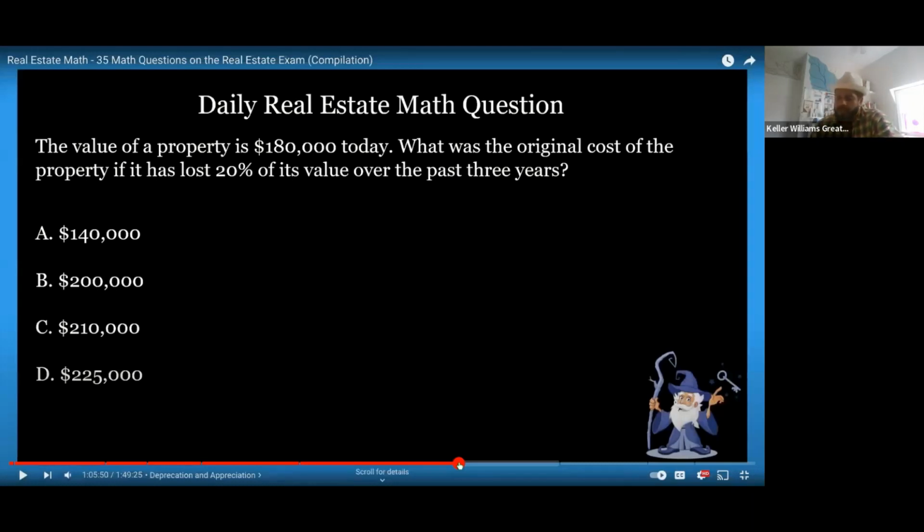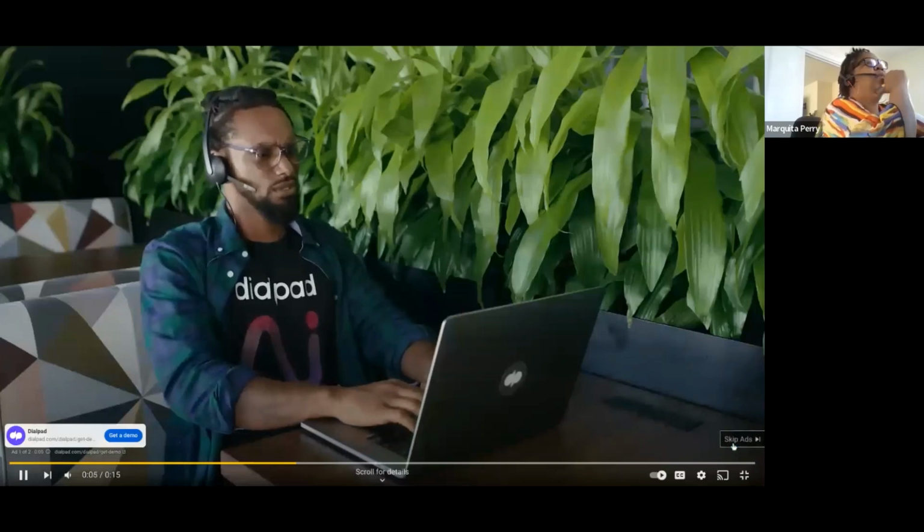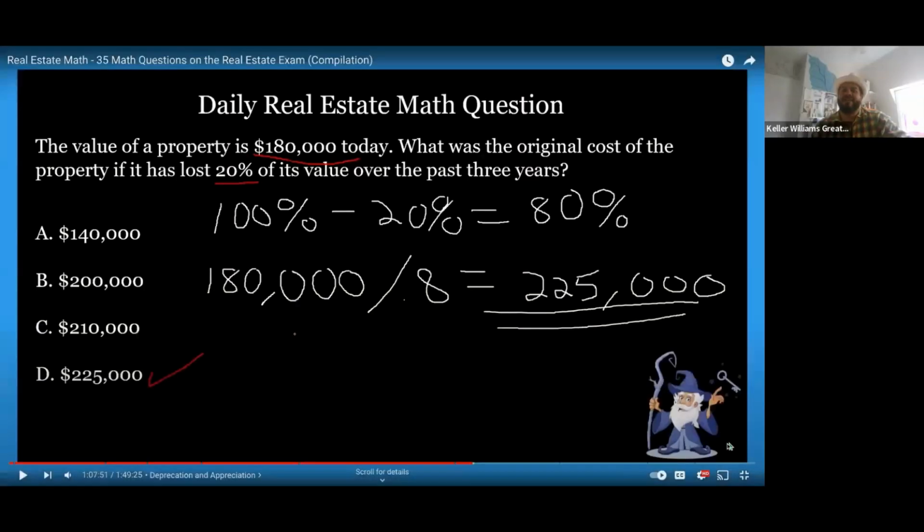So if we take 180,000 and divide it by 0.8, since 100% minus 20 is 80%, we get 225.